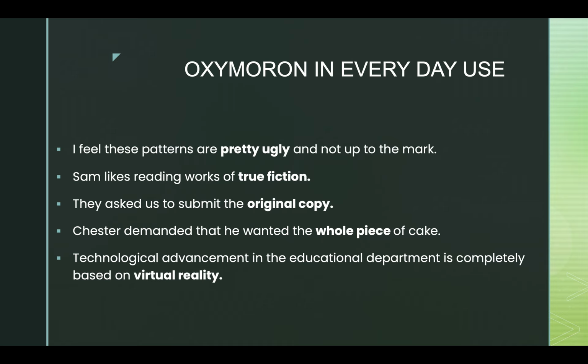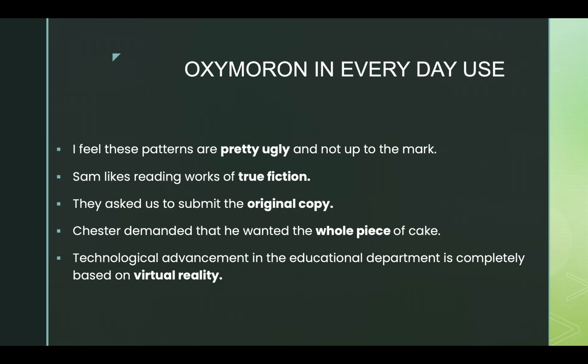This is another one that we tend to see quite a lot of. They ask us to submit the original copy. If it's original, there is no copy. So how can you have an original copy of something? You get what I'm saying? Chester demanded that he wanted the whole piece of cake. Is it a whole cake or a piece of a cake?